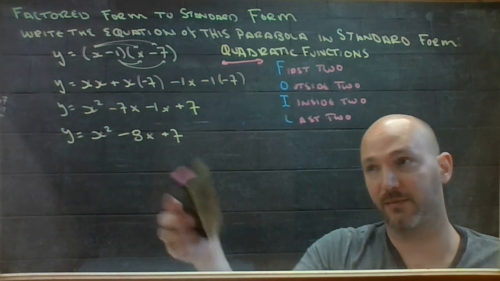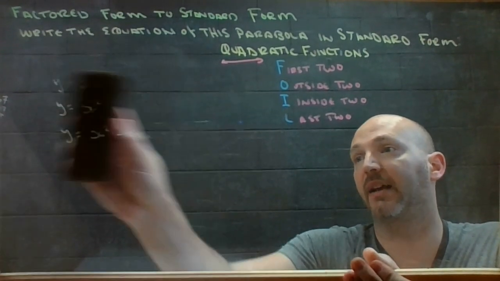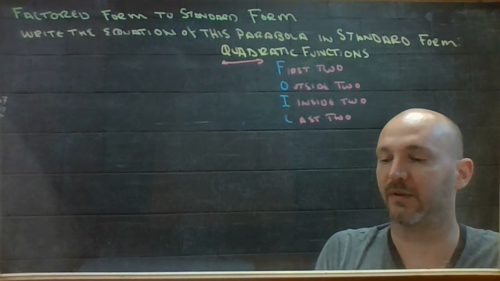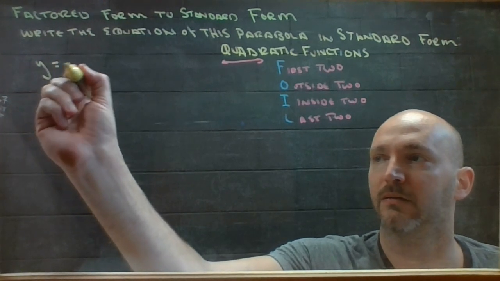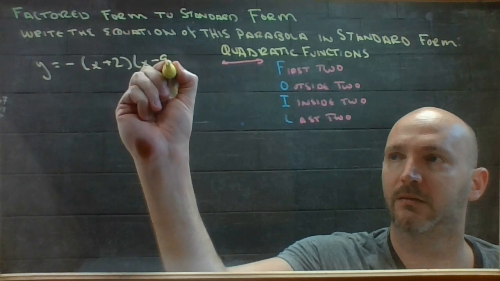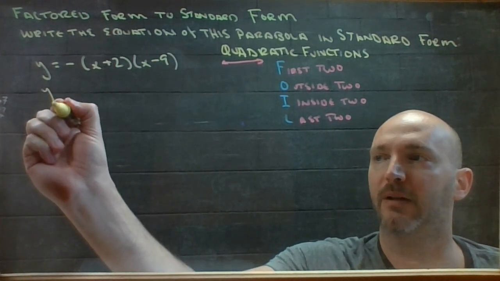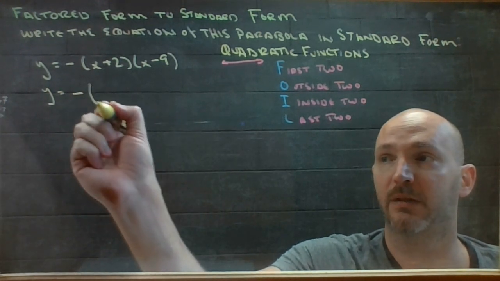So that's what happens if it's just 2 brackets. What happens if it has a negative up front? Okay, well, I'm just going to leave this negative alone for a minute.